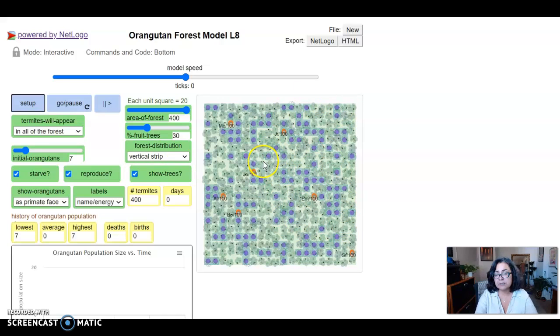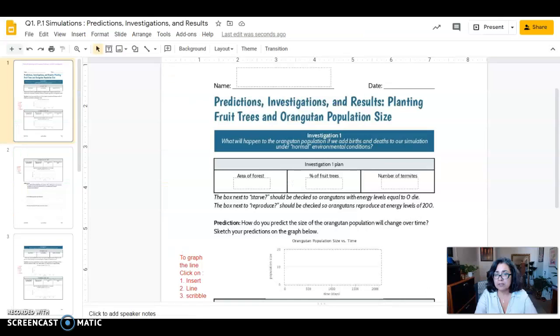In the simulation, make sure starve and reproduce and tree is marked off in these boxes. And also make sure you see 400 in your simulation box here. Once you have these numbers set up for the first one, make sure you copy those numbers down in these boxes that you need to put the information.